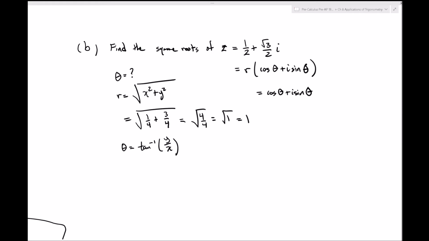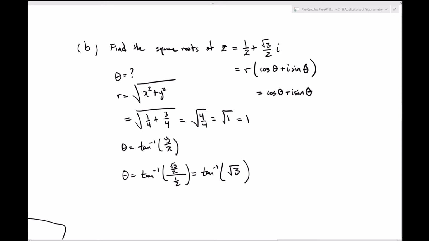So theta equals the inverse tangent of square root of 3 over 2 divided by 1/2. If you remember the law of the sandwich, the 1/2s go away, the 1 on the bottom you can disregard completely, and you're left with the square root of 3, which survives.